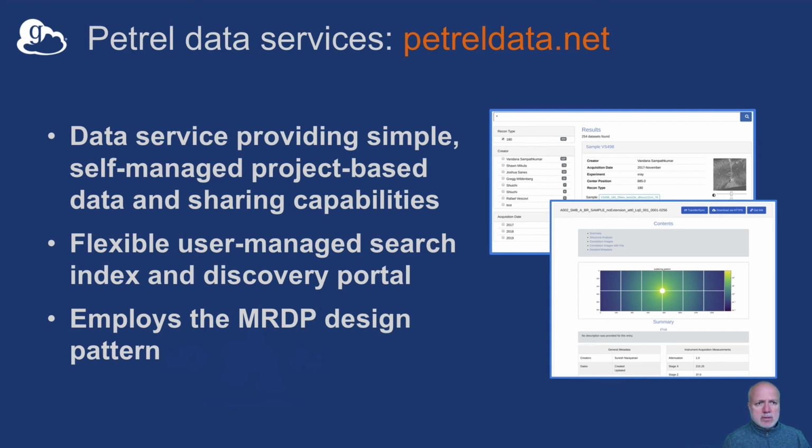The portal is called petrel.data.net, and this is a shared data service that allows the presentation of data and the search and discovery of data from any number of projects, and all of that is governed by Globus Auth for fine-grained access control. So you can make a data set completely public, or you can choose to restrict it to just your immediate collaborators or some other slightly broader community. It's really up to you.